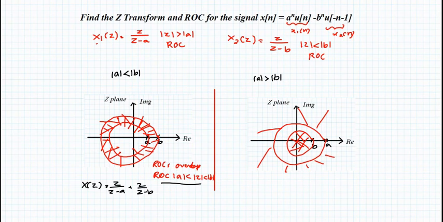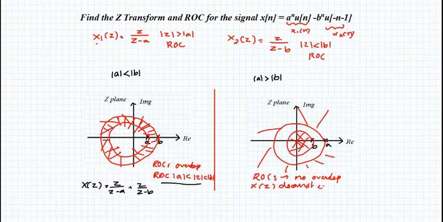So there is no overlap in the ROCs. If you take the ROCs, there is no overlap. So x of z does not exist.